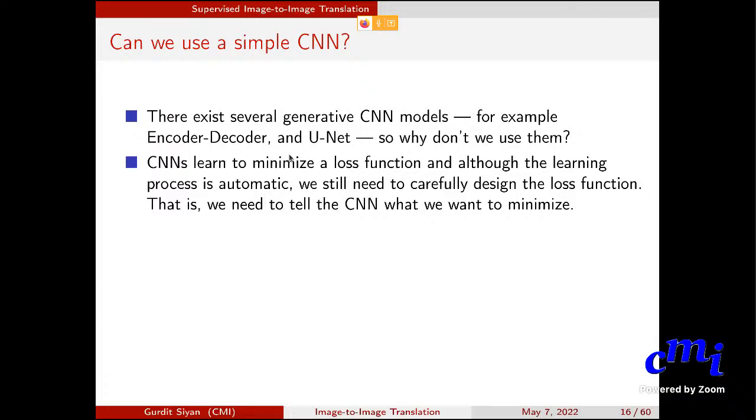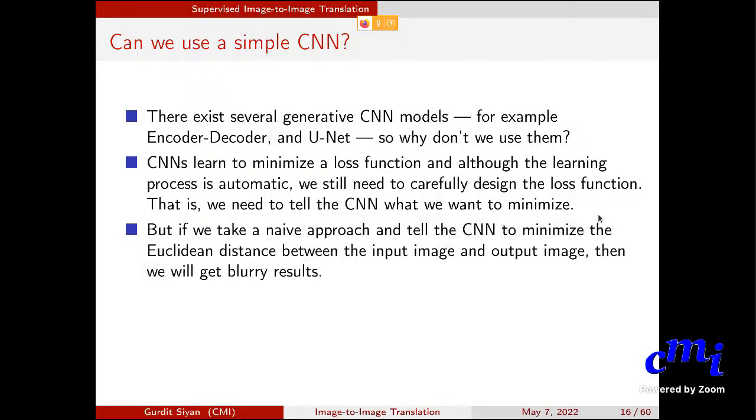Basically, CNNs learn to minimize a loss function. The learning process is automatic, but we still need to choose a loss function. We need to tell the CNN what we want to minimize. The problem is that if we take a naive approach and just tell the CNN to minimize the L2 norm or the Euclidean distance between input and output image, it will produce blurry results.